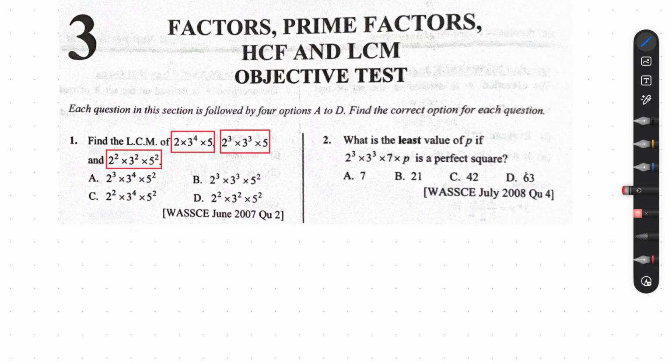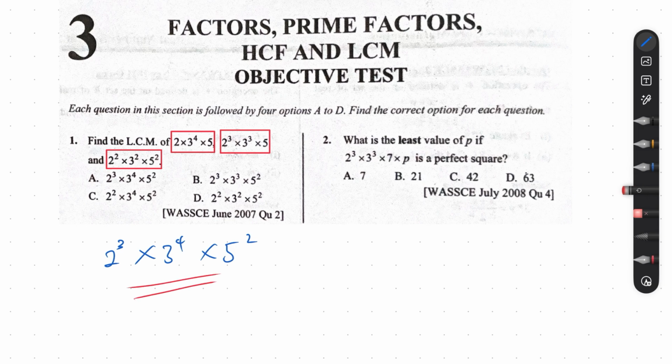So for 2, we have the highest to be what? Exponent 3. So we pick that out. For 3 we have exponent 4. And for 5 we have exponent 2. So this will be our least common multiple.